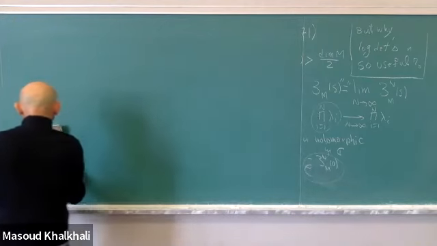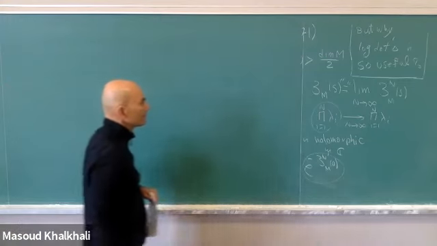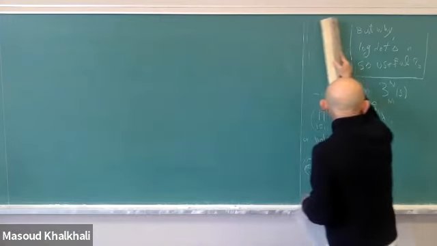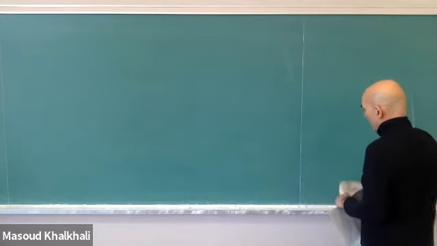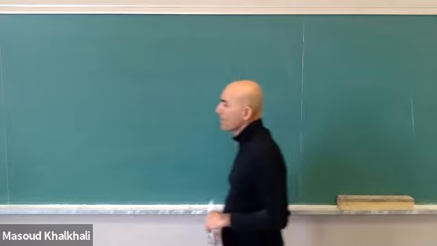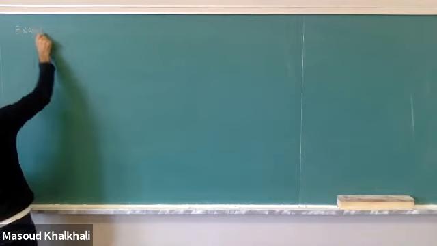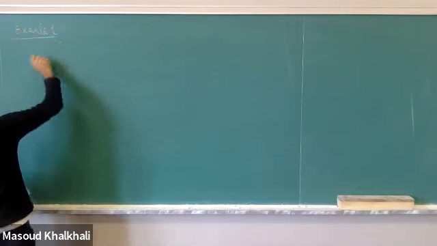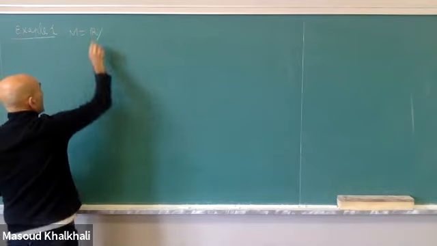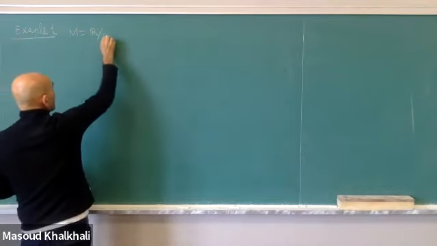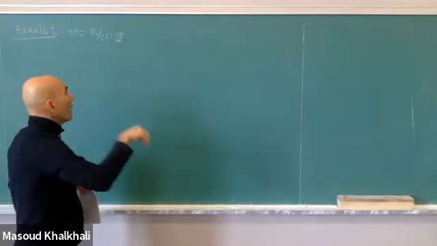Okay. So now the first thing to do is to look at some examples. So I will give a series of examples. So let's take M equal to R mod 2 pi Z. So this is a circle of radius 1.